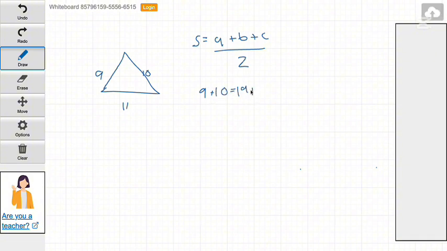And then we add 19 plus 11, which is simply equal to 30. Then we want to do 30 divided by 2. And that would just be equal to 15. So S is equal to 15.